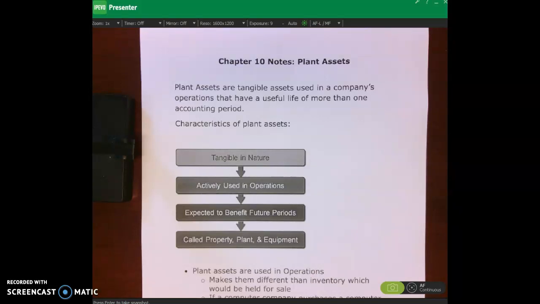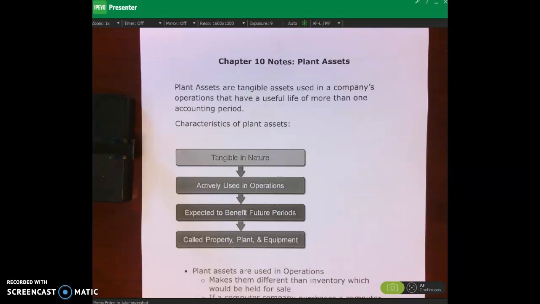It's used in their company operations, used to help them do their jobs. If that's the case, that laptop is classified as PP&E, as a plant asset, okay? PP&E, plant, property, and equipment. Plant assets, fixed assets, all different names for the same thing. Okay, if it's used in company operations, it's classified as a plant asset.